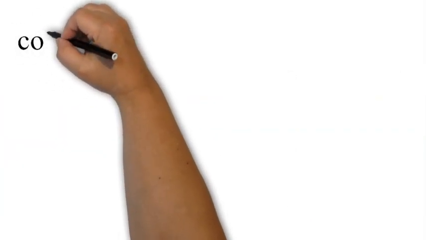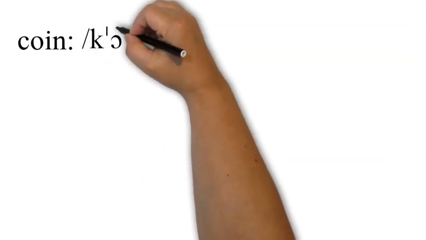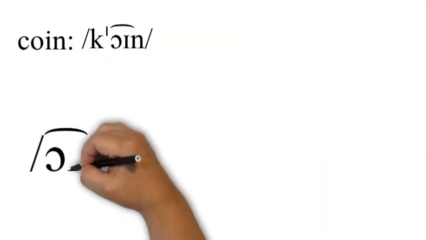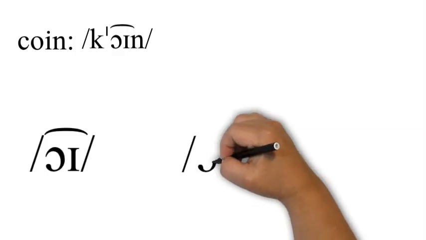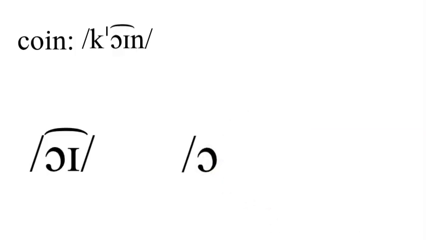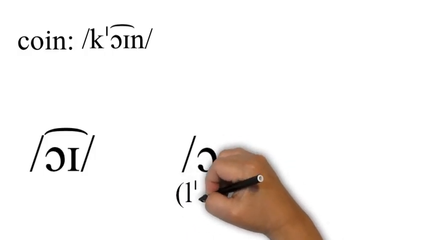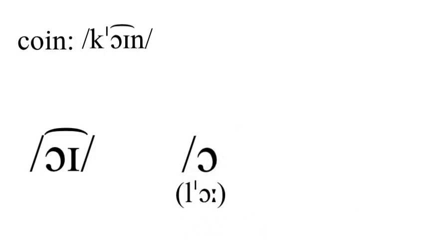Take the word coin. It contains the diphthong oi, which can be thought of as two vowel sounds. The first part, or, a mid-open, back, rounded vowel, similar to the or as in law.